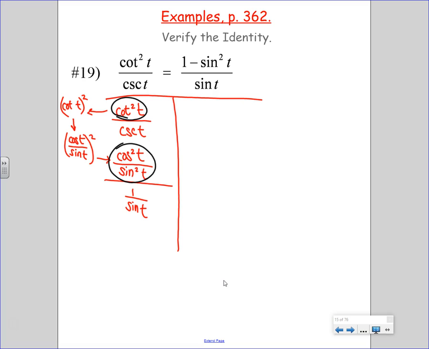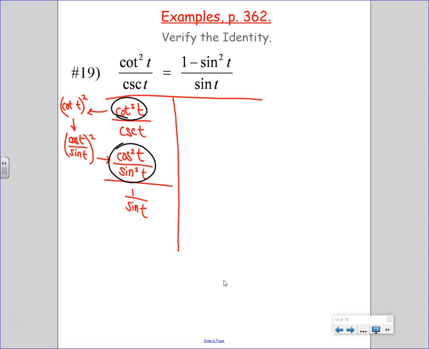Because it's a fraction with a messy fraction in a fraction. Complex is the technical term, but you can think of it as a double fraction, a complicated fraction. But when you divide by a fraction, what do you do?